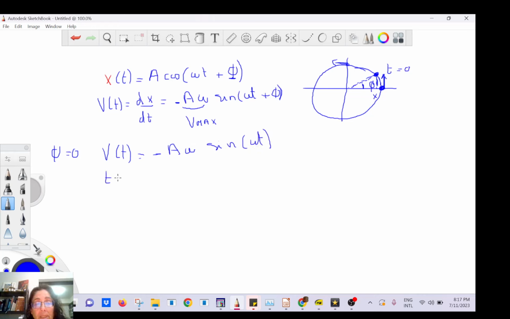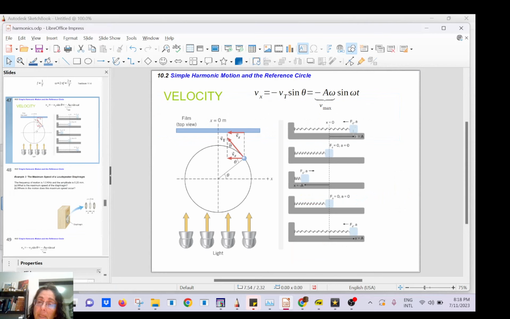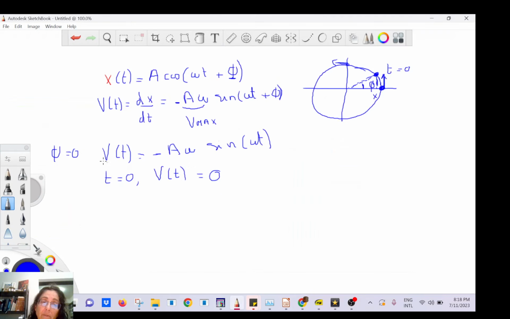So you see that when t equals 0, the velocity is going to be 0. It makes sense, because you start from here at t equals 0, you have your stopwatch, and it's not moving, so the velocity equals 0, if phi equals 0 here.